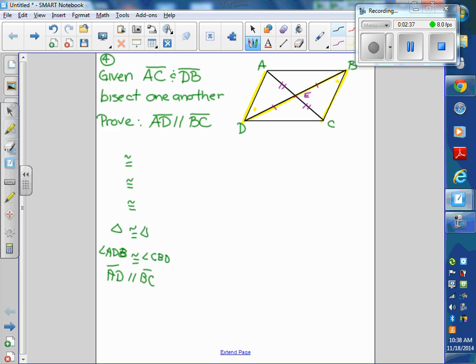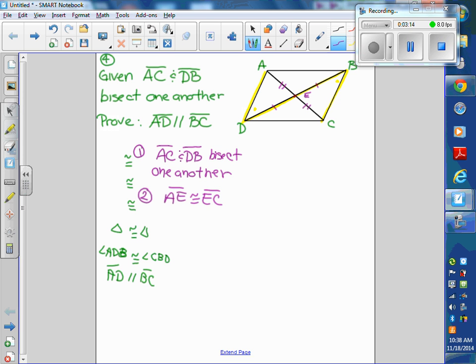So, should I start? Okay. So, I'm going to go through and say AC and DB bisect one another. It's my first step. And I'm going to just write my proof out. So I know, and then I'll put my reasons in. So that tells me that AE is congruent to EC.